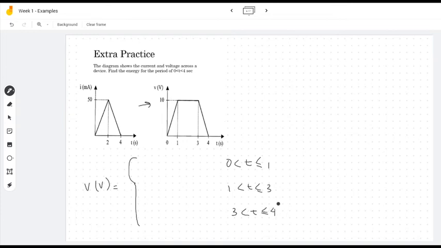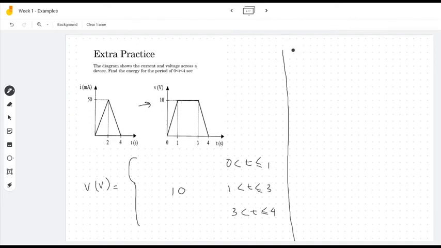Brilliant. Okay, what's the next step? You straight away get from the graph. From time 1 to 3, you get your V equals a constant of 10 volt. Very good. So you know that you don't have to do that bit. Now, how about this one here? The function of a straight line. Good job.